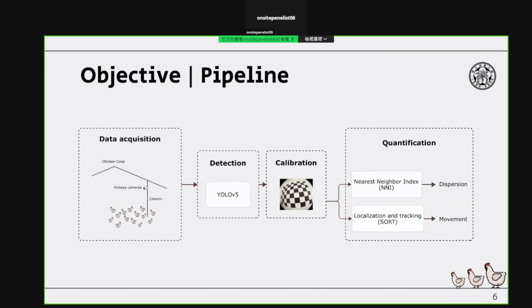Here's the pipeline. First, we develop an embedded system to acquire the video data. After we get the videos, we put them into the chicken detection model. Then we do the calibration and quantify their movement and dispersion.